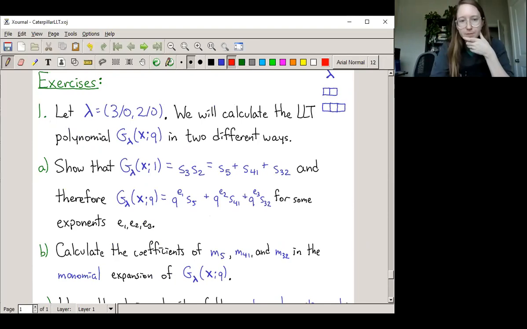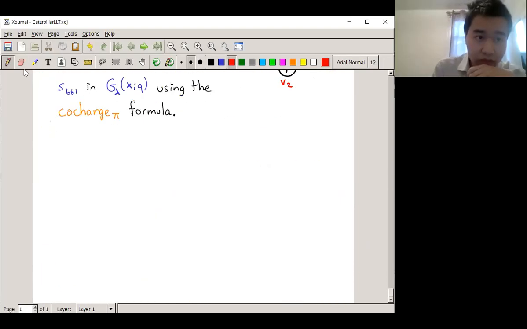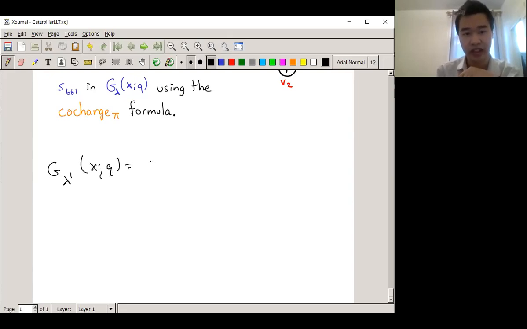Oh, okay, yeah, great. So vertical strip results and horizontal strip results are more or less equivalent because there's a formula: if I conjugate all of the shapes, then I get q to some factor, and something like this.